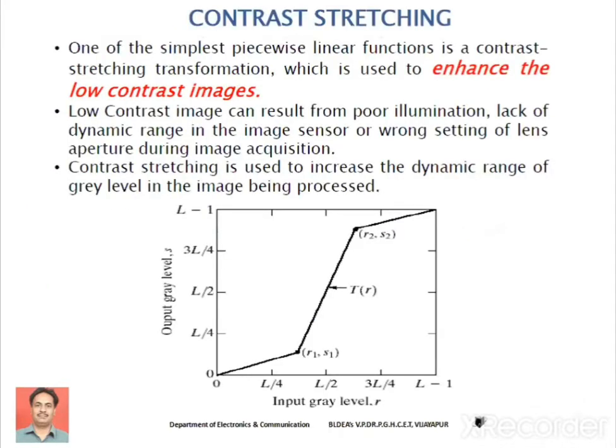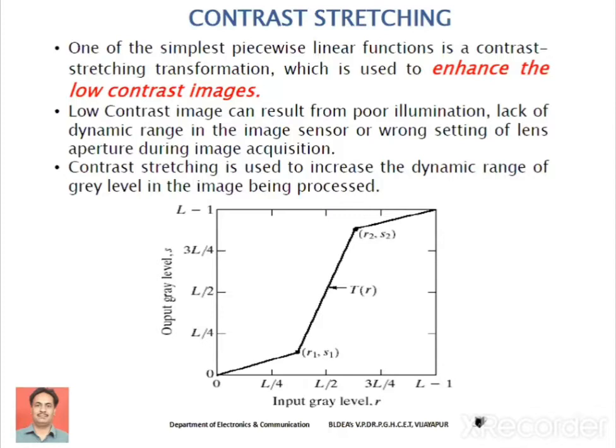The first one is contrast stretching. Contrast stretching is used to increase the dynamic range of the image. Low contrast images can be improved by means of contrast stretching. Low contrast images may be due to poor illumination, lack of dynamic range in the sensors, or sometimes a wrong setting of the lens.